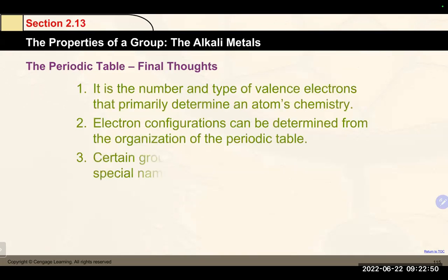All right, a couple of final thoughts here on the periodic table. As we talked about, the number of valence electrons primarily determines the atom's chemistry. It's also equal to the group number. We can count off electron configuration like we saw there from the periodic table, by using the period and the S block, the P block, the D block, and the F block.